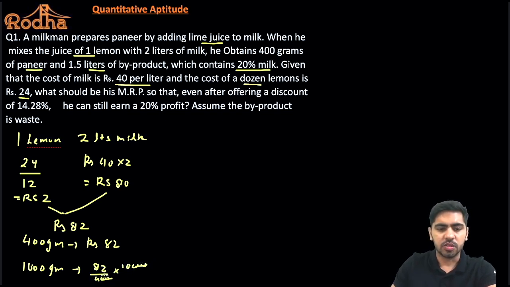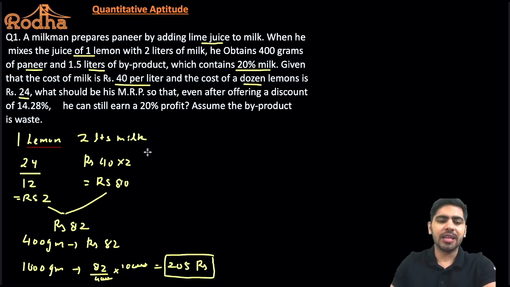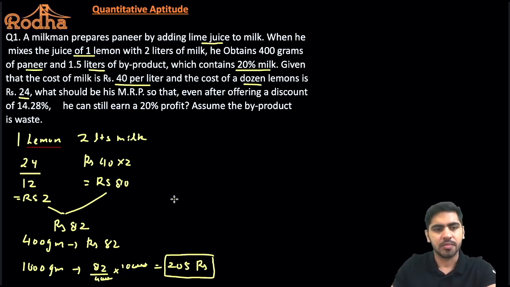If you cancel two zeros, 82 into 10 by 4 is nothing but 205. So my cost for 1000 grams of paneer is rupees 205. Why did I convert? So that my calculation becomes easy. Per kg is always easier to calculate rather than going for 400 grams. So this is 205 rupees per kg.